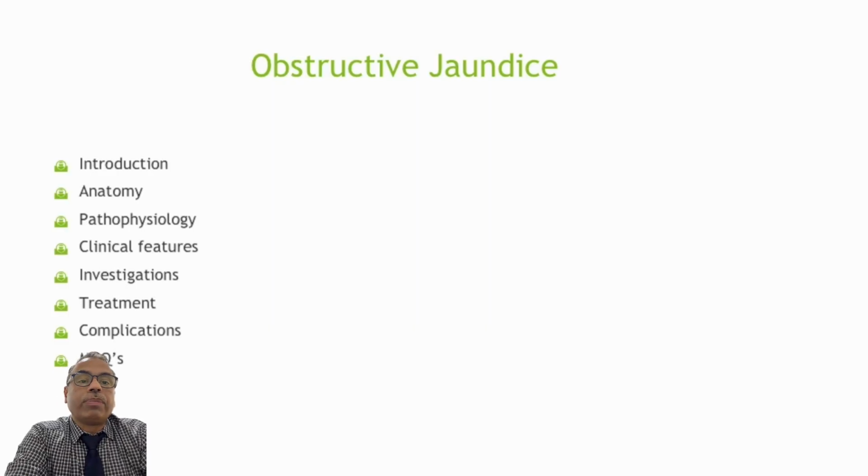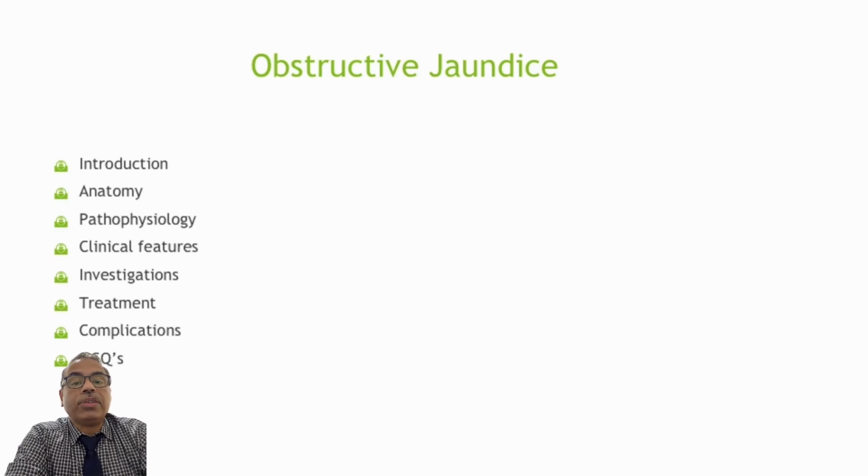I would be covering this topic under the following heads: a brief introduction about what exactly is obstructive jaundice, a revision of anatomy of the hepatobiliary system, especially the extrahepatic biliary tract, to understand the pathophysiology of obstructive jaundice, which is quite essential because it would help us in formulating a treatment plan and the investigations which are required in such types of patients.